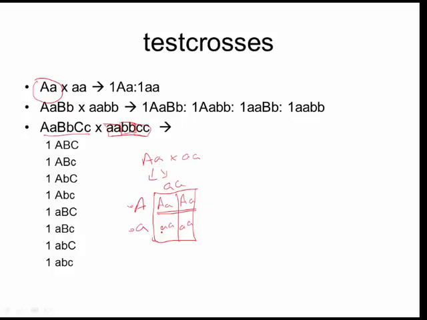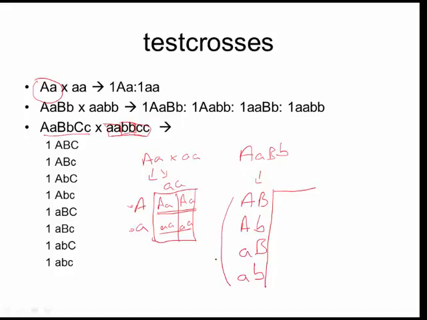If you get this little allele, you get this genotype. Similarly, if you have this, you can get big A and big B together, big A and little b together, little a and big B together, little a and little b together. So you get very used to doing that. These are the gametes. And these are the gametes that you get from a dihybrid.